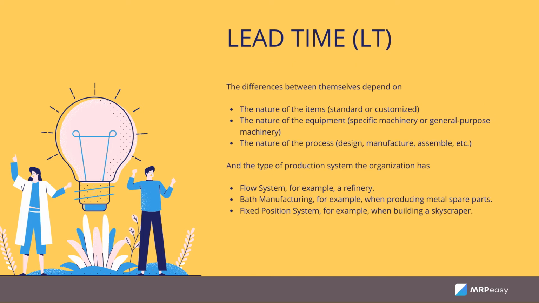The differences between them depend on the nature of the items, standard or customized, the nature of the equipment, specific machinery or general-purpose machinery, the nature of the process, design, manufacture, assemble, etc., and the type of production system the organization has. Flow system, for example, a refinery. Batch manufacturing, for example, when producing metal spare parts. Fixed position system, for example, when building a skyscraper.